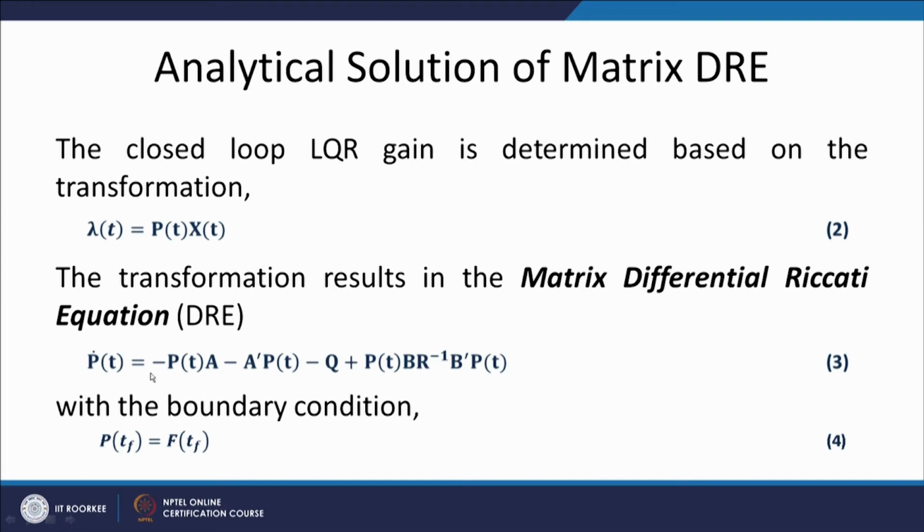My matrix differential Riccati equation I write as −P dot(t) equals P A plus A prime P minus P B R inverse B prime P plus Q, with boundary condition P(tf) equal to F(tf). To determine the solution of the matrix differential Riccati equation, we are trying to obtain the value of P(t), which can be expressed in terms of the eigenvalues and eigenvectors of my Hamiltonian matrix.